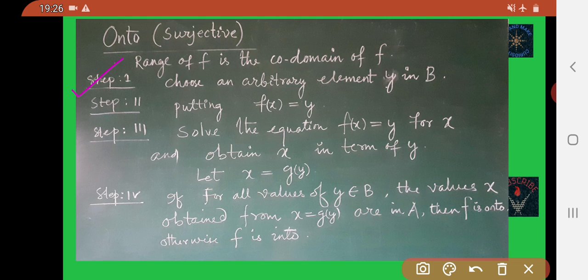First step to check: first you choose an arbitrary element y in set B. Y belongs to B. Any arbitrary element you choose in set B. If function is mapping from A to B, then you choose an element y in B, in codomain.